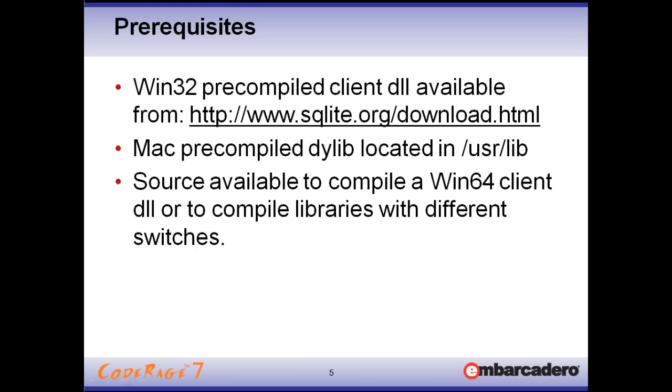SQLite does not provide a precompiled Windows 64-bit client that I am aware of. However, they do provide the source so that you can compile the client yourself. Instructions on doing so are beyond the scope of this presentation. However, you can easily find out how to do it by searching sites such as Stack Overflow and tailor the compilation to your needs.